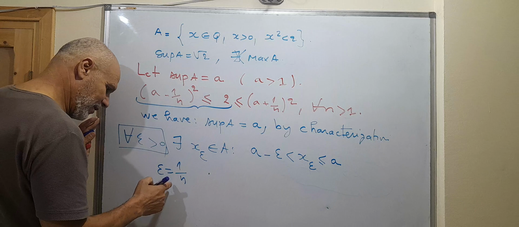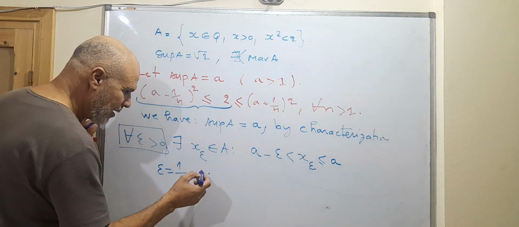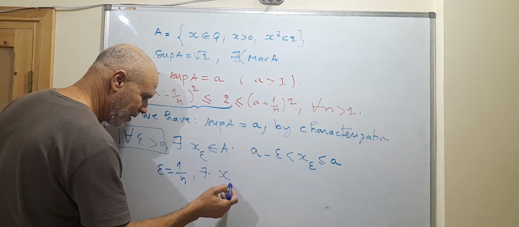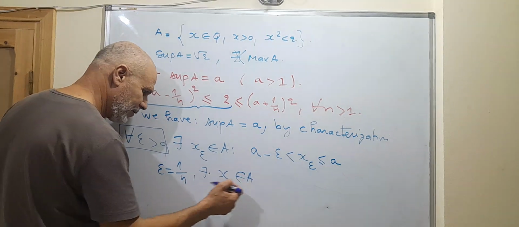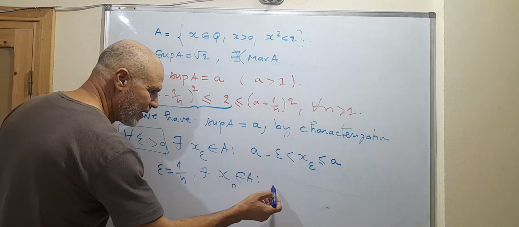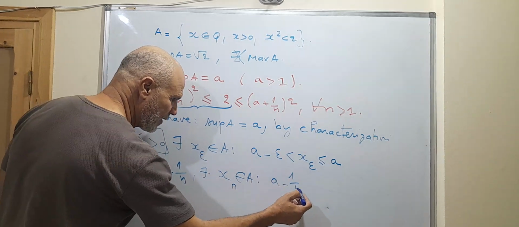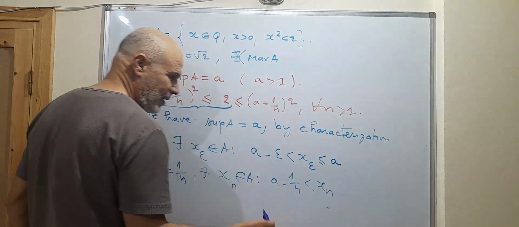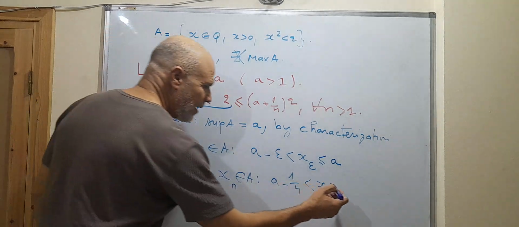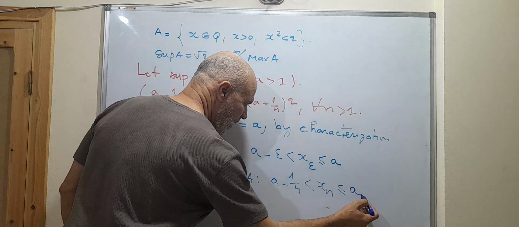If we take epsilon equal to 1 over n, there exists an element x n from A, rational, such that a minus 1 over n is less than x n, which is less than or equal to a.